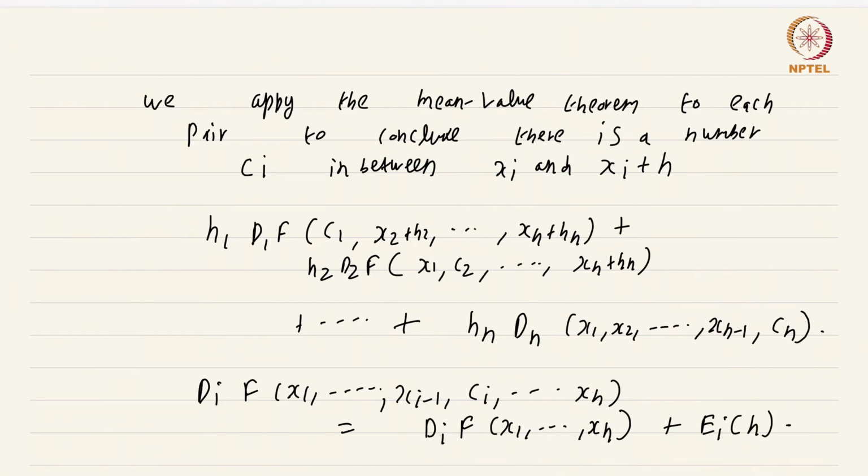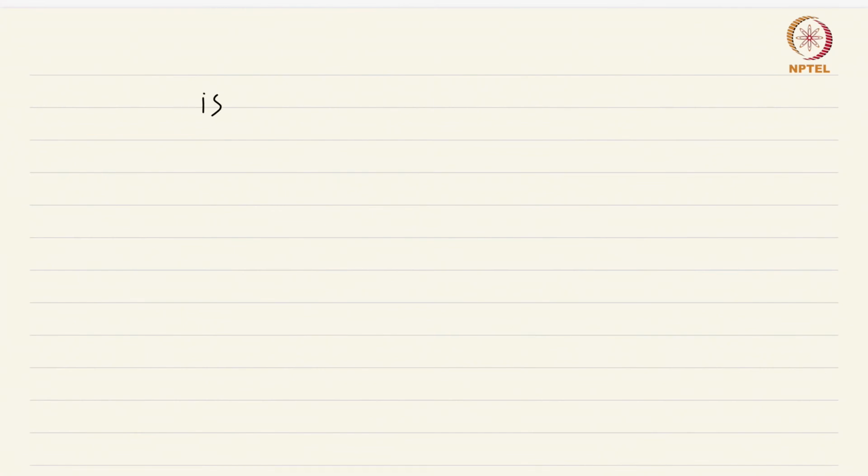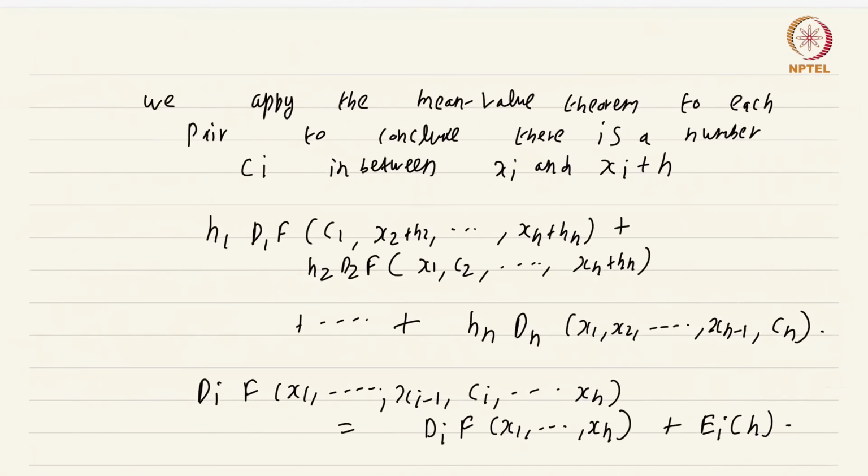Well, you can always write down an error term like this, but what is key is that e_i(h) goes to 0 as h goes to 0. Okay, so let's look at this expression once more.